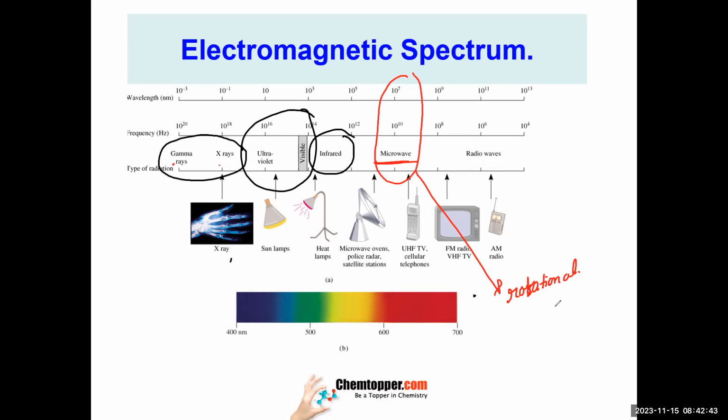When they are rotating, they are colliding with each other. In this manner, heat is generated. Rotational motion is a kind of kinetic energy, and we already know that kinetic energy is directly proportional to temperature. So when you are using microwaves, you are not changing the chemical composition. You are just generating kinetic energy in the form of rotational motion, and that kinetic energy is responsible for heating of the food. Is it okay?